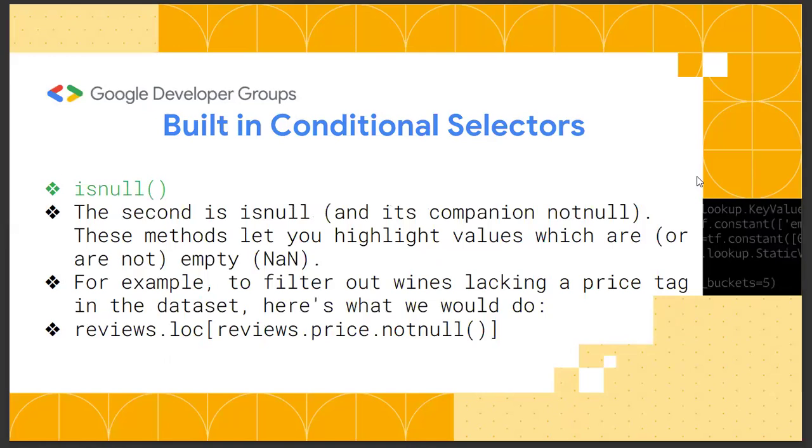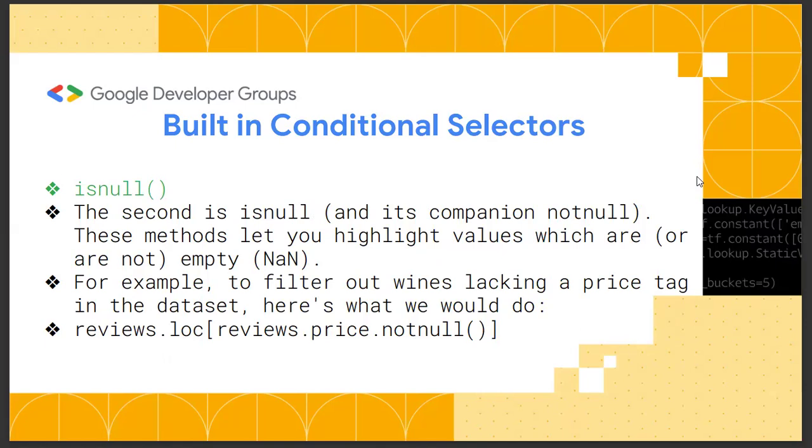Isnull is the opposite of notnull. It highlights the values which are or are not empty. Notnull displays the elements where the entries are not empty, and then isnull shows you the empty entries.